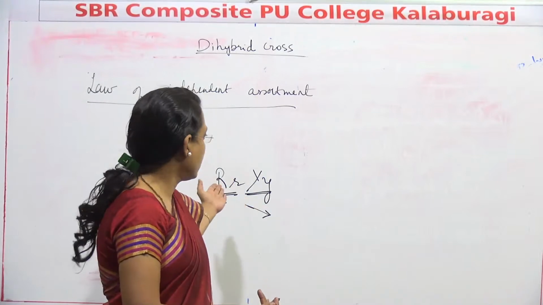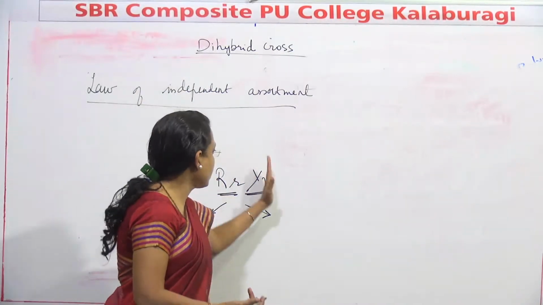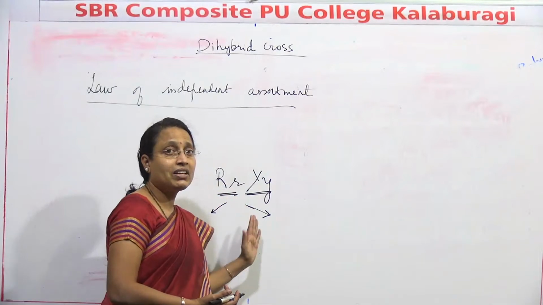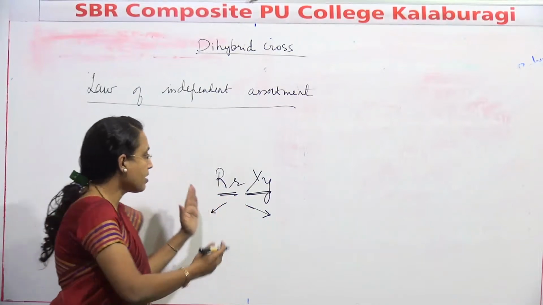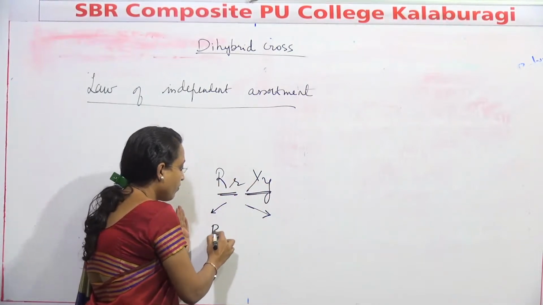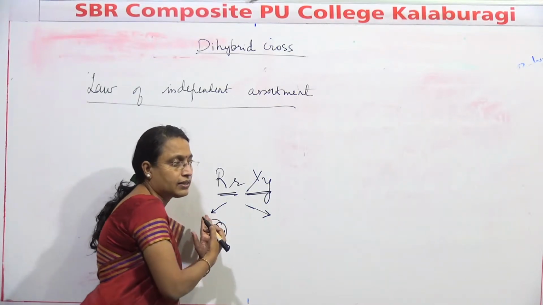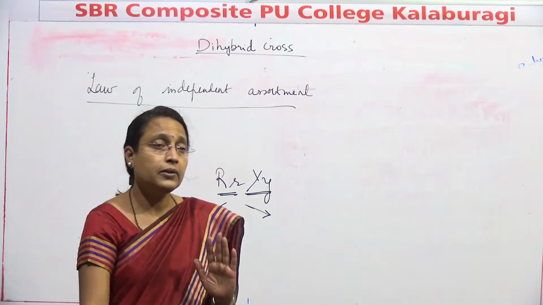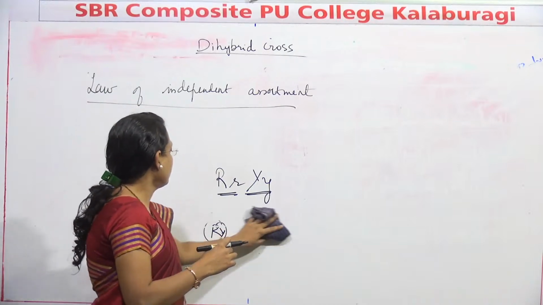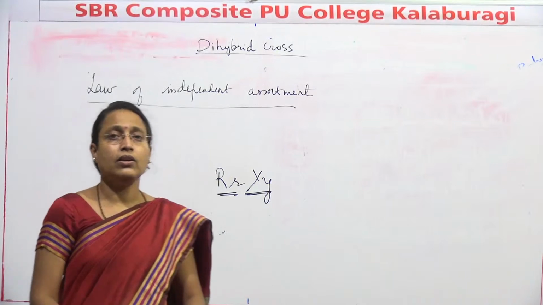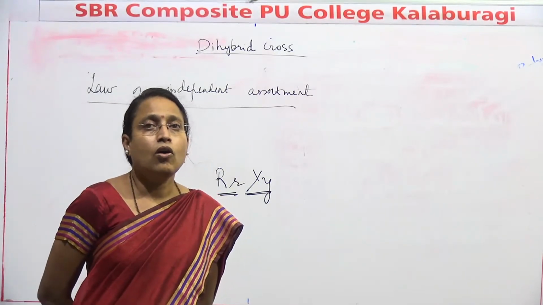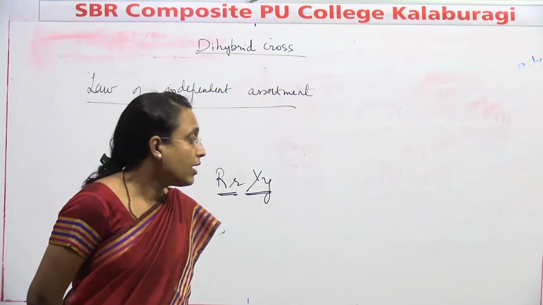First R is separated, Y is separated, and then finally gametes are produced like this and represented like this. That's what you call the law of independent assortment.